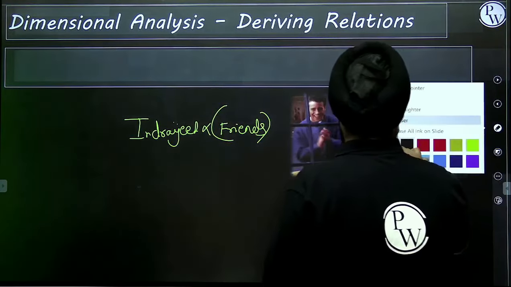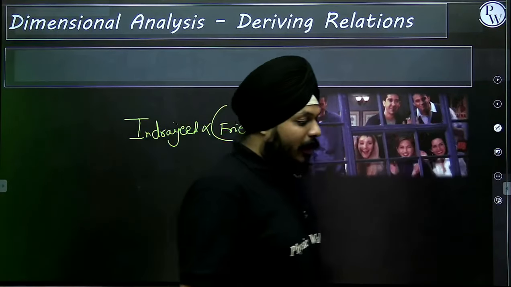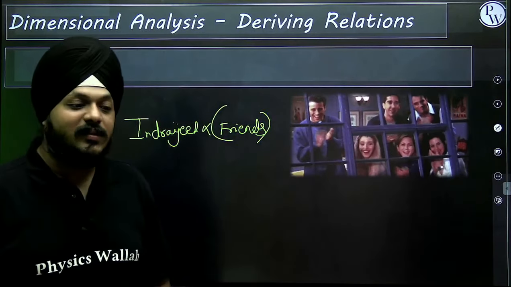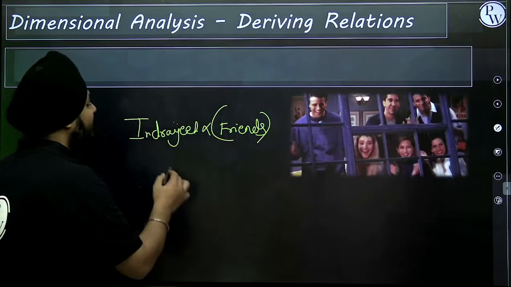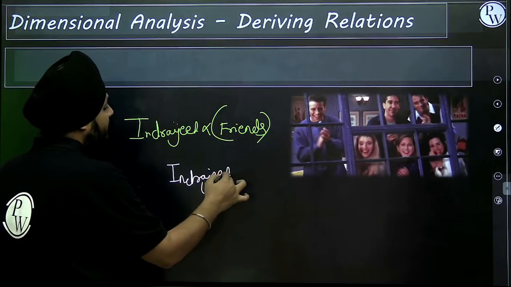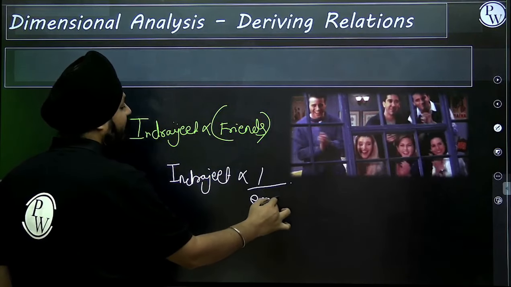Okay, Indrajeet is directly proportional to friends. When friends are useful, Indrajeet is useful. When friends are not useful, Indrajeet is still useful, because Indrajeet is Indrajeet. But Indrajeet is inversely proportional to enemies.